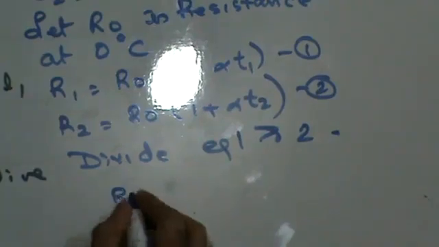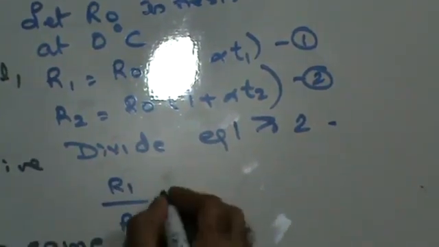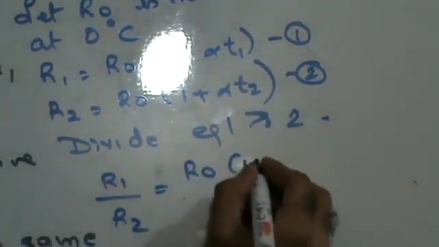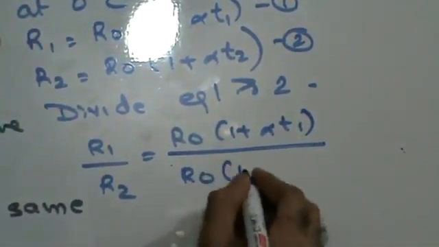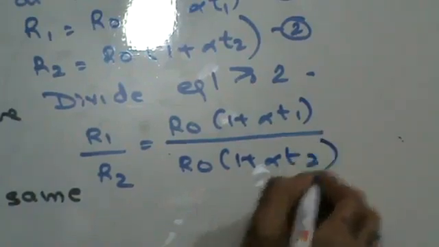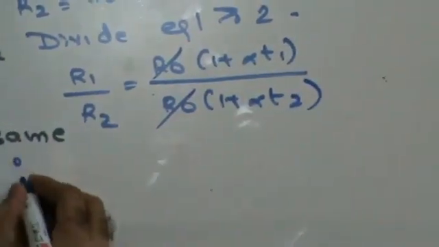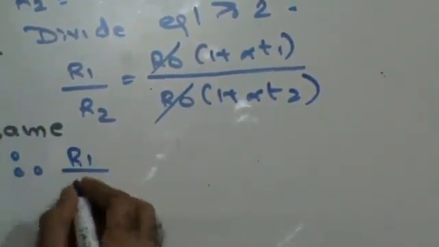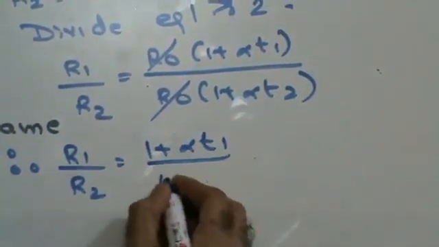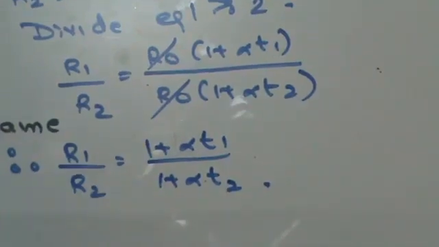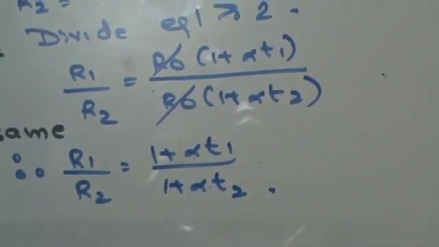Divide equation 1 and 2. I get R1 upon R2 is R0 into 1 plus alpha T1 upon R0 into 1 plus alpha T2. R0 gets cancelled. Therefore R1 upon R2 is 1 plus alpha T1 upon 1 plus alpha T2. Substitute the values.